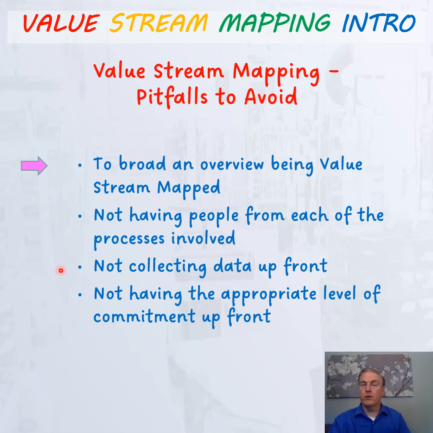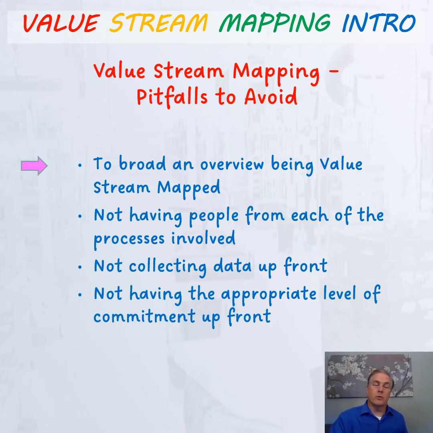One of the other pitfalls is not collecting enough data up front. You want to make sure you've got good data for the value stream mapping event, so that, number one, you're making sure you're value stream mapping the correct process, but that you are providing the right justification to help everybody understand what the impact is going to be.